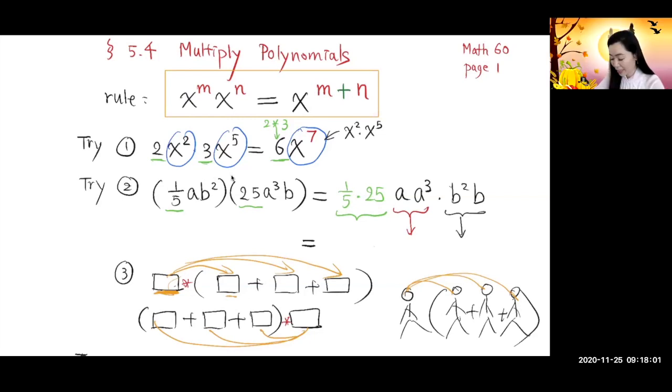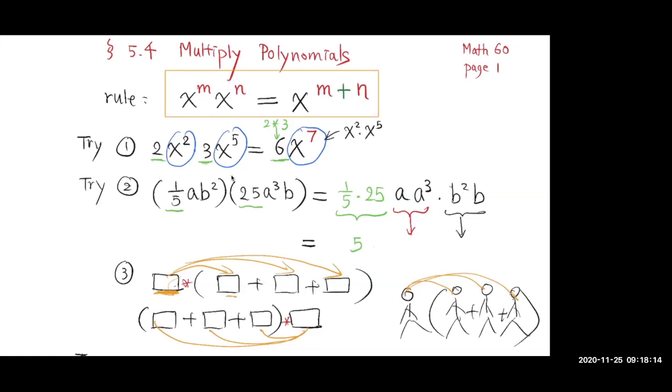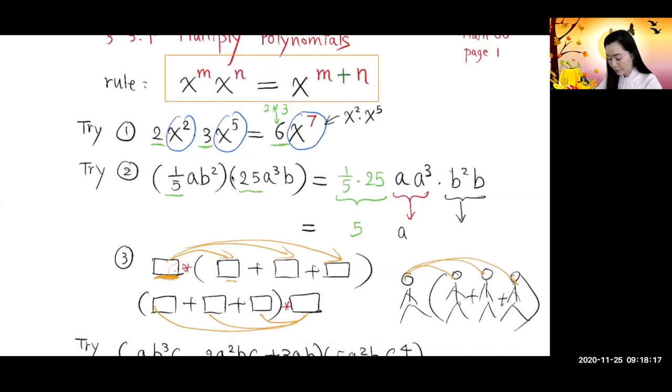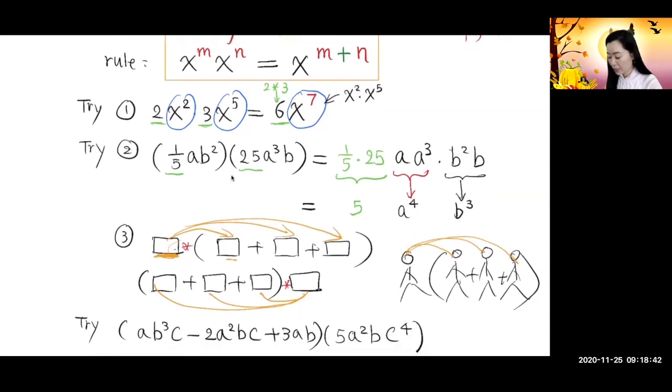A times A to the third is A to the 4 power. And then B squared times B is B to the third power. You keep the base and add the exponents. The exponent of this B is 1, and when the exponent is 1, usually people don't write the 1 at the corner.